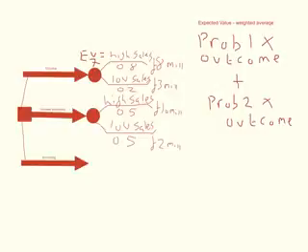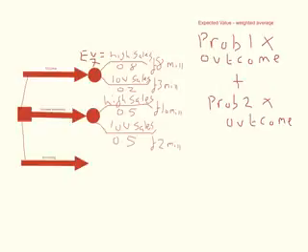So it's the same formula. So it's probability of 1, 0.5, times the outcome of 1, which is 10, plus the probability of 2, which is 0.5, times the outcome, which is 2.